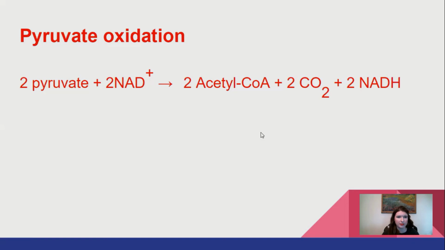So we take our 2 pyruvate molecules, we feed in some more NAD. We're going to get acetyl-CoA, which is basically the remaining 2 carbons from each pyruvate molecule. Pyruvate has 3 carbons. We get a CO2 molecule for each pyruvate, so we get 2 of them total. We had 2 pyruvates. We get 2 NADH, so our electron carrier, we get 1 of them for each pyruvate.